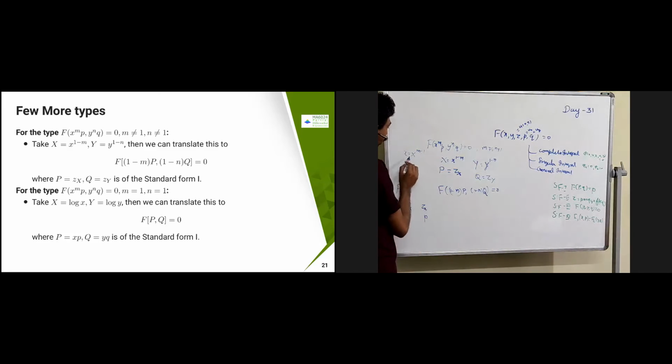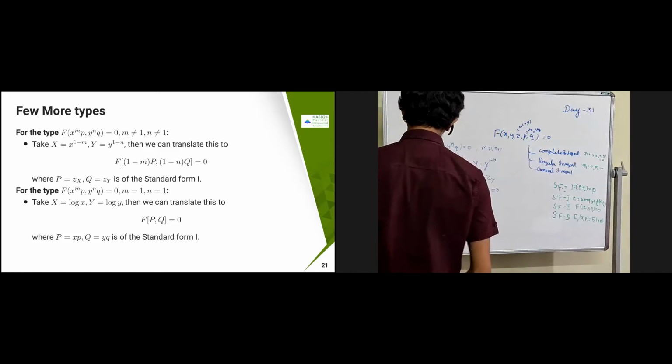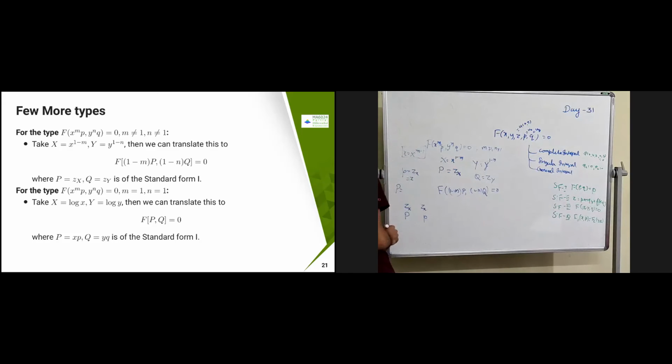If you find it from here, using the substitution, you get 1 minus m into P. So p is nothing but (1 minus m) into x power minus m. What is X_x? It is nothing but (1 minus m) into x power minus m. So you can substitute that over there, and you are going to get that.